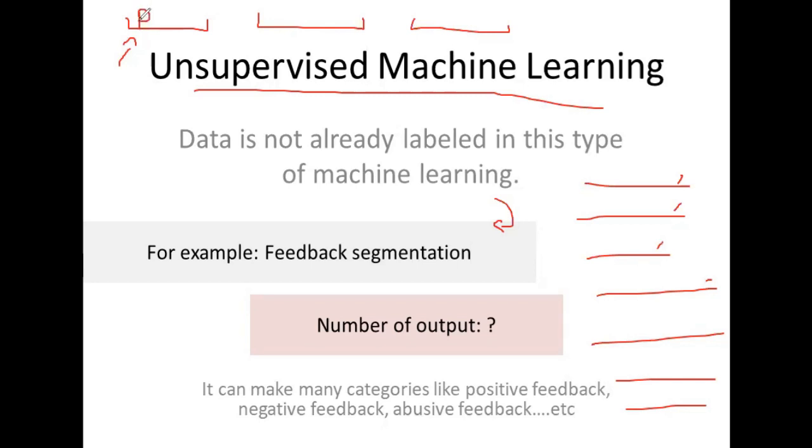They may contain words like good, excellent food, excellent delivery, very nice, or something like that. Another category can be negative, and they may have words like worst or not recommended, which our model has learned and recognized in each feedback.